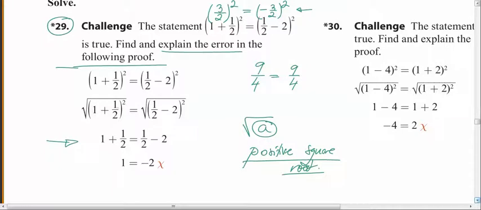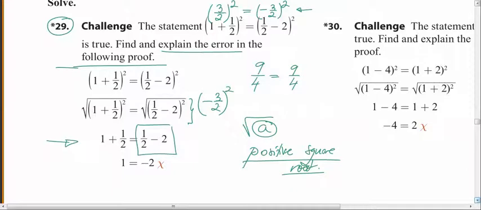Okay, that's by definition. You're looking for the principal square root of your number a, and that's why here we cannot use 1/2 minus 2 as the square root of 1/2 minus 2, everything squared. First you have to square it. You will come up with -3/2, everything squared.